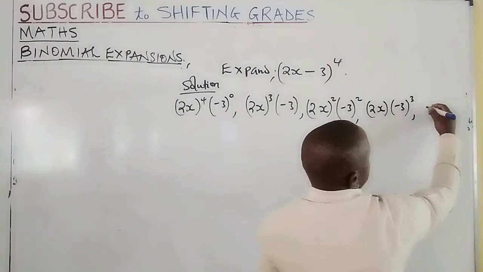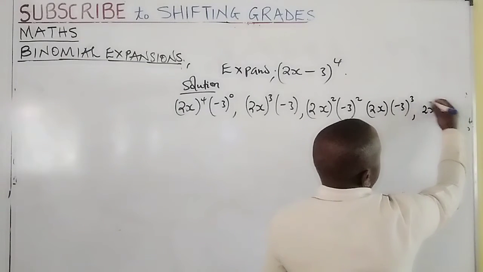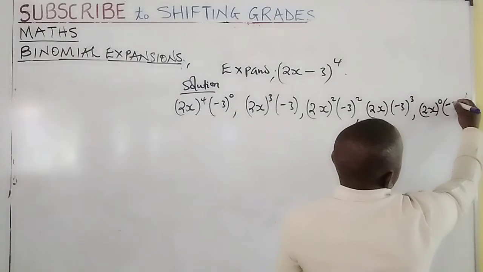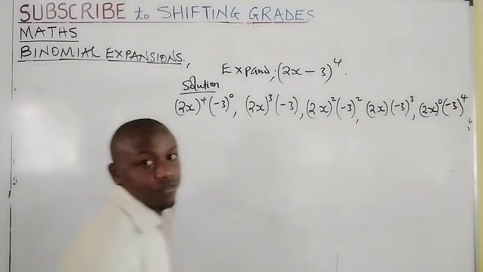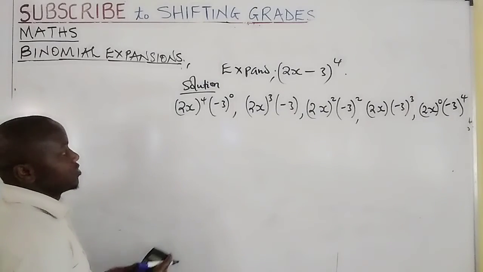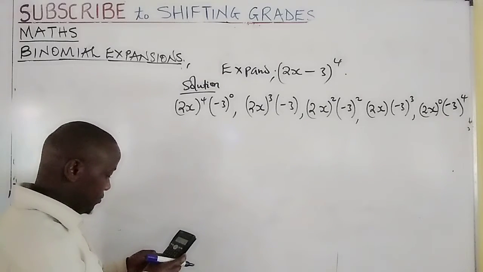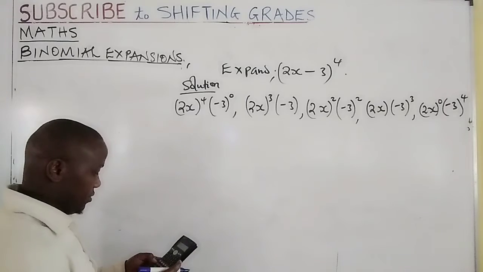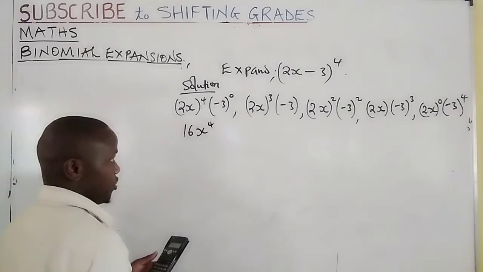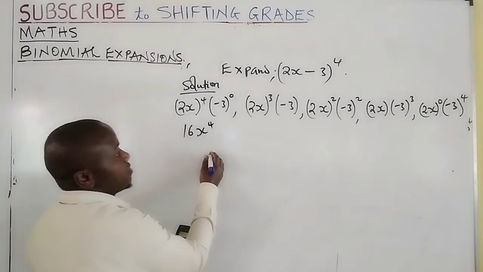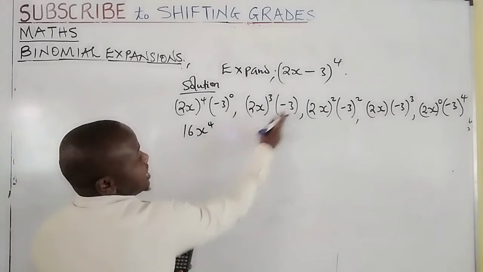And lastly, as 2x goes to 0, negative 3 will get to power 4. Therefore, 2 power 4, which is 16, x power 4, because each term is being raised to 4. Then negative 3.